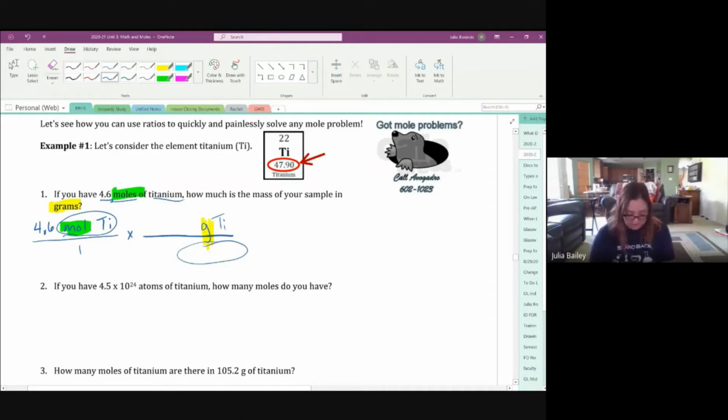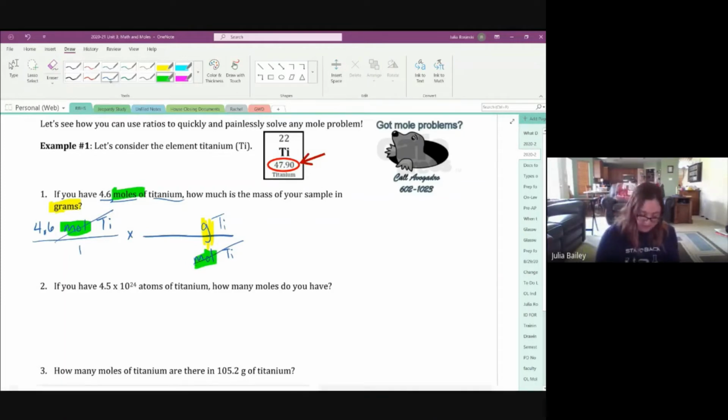So I always say what goes up must come down to remind myself that when I'm organizing my problem and organizing my fractions, I want the words to match in those spots so that they can cancel out with each other or simplify out with each other.